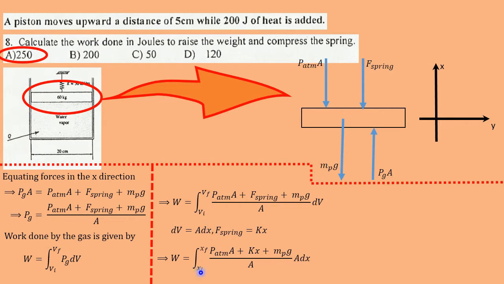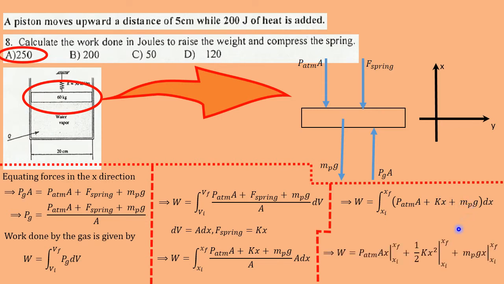So we have the initial x position to the final x position of (P_atm A plus kx, where F_spring has been substituted by kx, plus m_p g) divided by A, times A dx, where we have dV substituted with A dx. Now you can obviously see that A cancels out with this A, and that will result in W equals the integral from x_i to x_f of (P_atm A plus kx plus m_p g) dx.